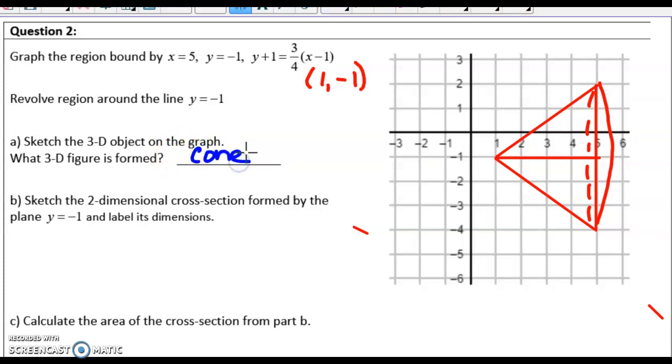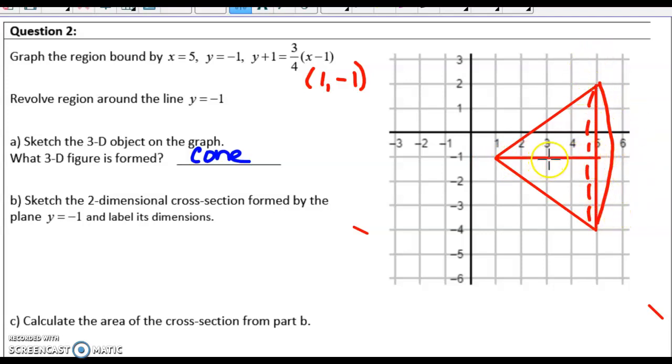So we did this one before, so this is nothing all that new. When we want to sketch a cross section and it's formed by the plane y equals -1, that's this line right here. When it's formed by this plane, this line is perpendicular to the base. The base is a circle.